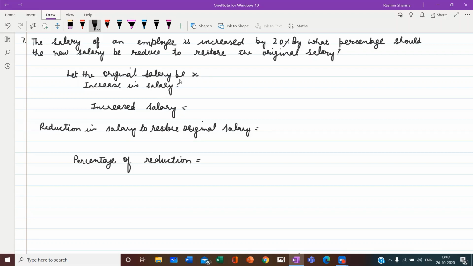Now when he has a 20% increase, it means the increase in salary will be 20% of x. 20% of x means 20 on 100 x. 20 on 100 we can reduce, so it becomes x upon 5. Okay, now what will be the total increased salary?